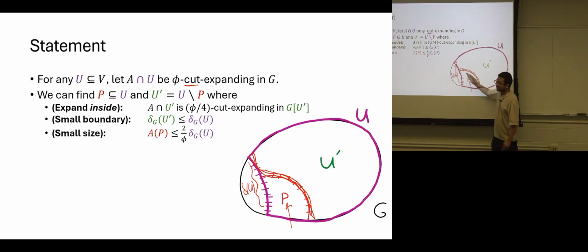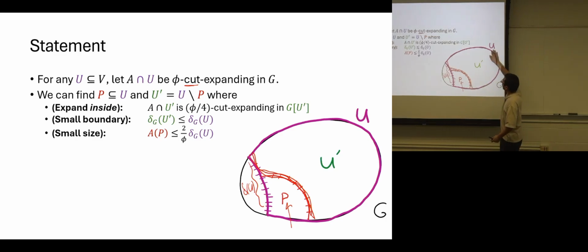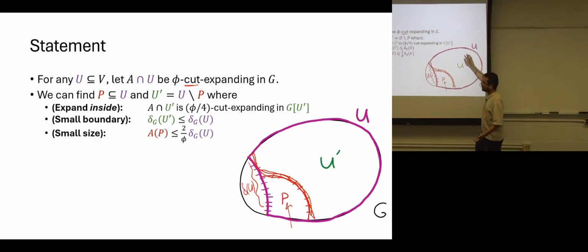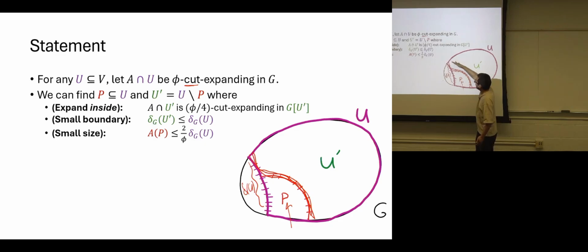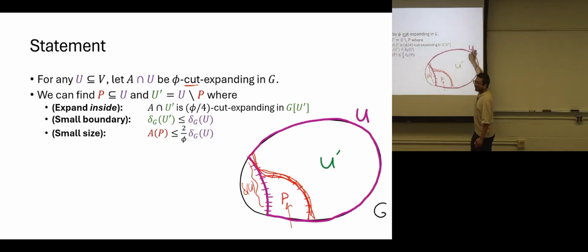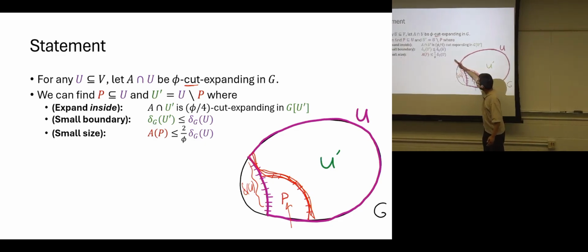So in our context, when we think of using this, our set U is where this is V minus S, and this is S. So this is going to be a sparse cut, and the edges along this cut, you should think of as quite small.